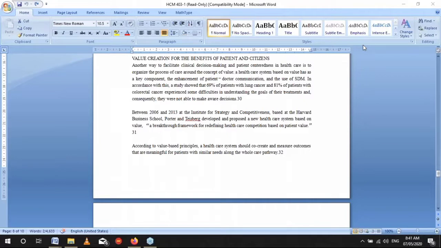Factors in measuring the quality of healthcare, under process improvement.